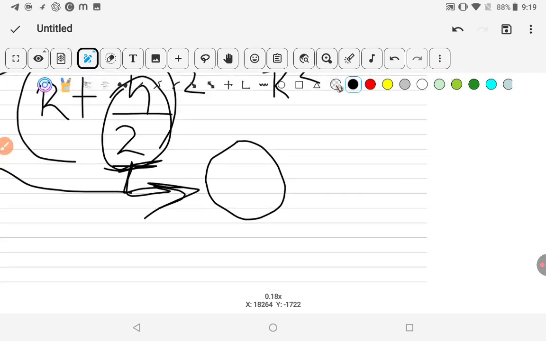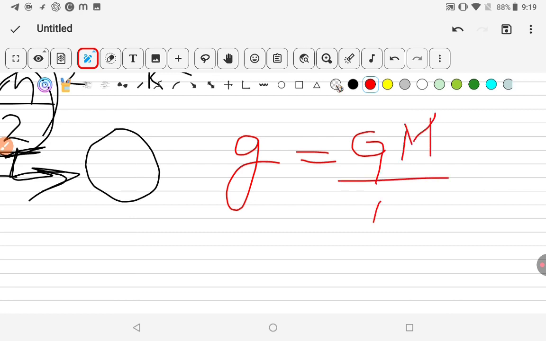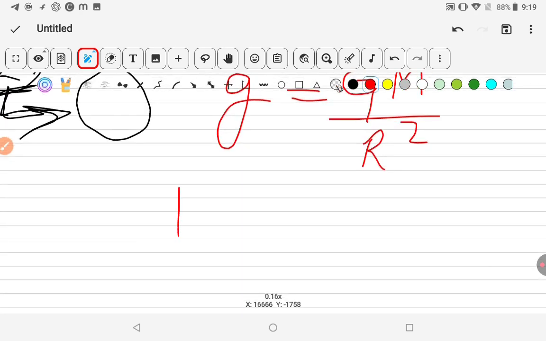Now let me also tell you the formula for g, gravitational acceleration or acceleration due to gravity, which is equal to GM by r square. Because of this, we often write F equals mg.